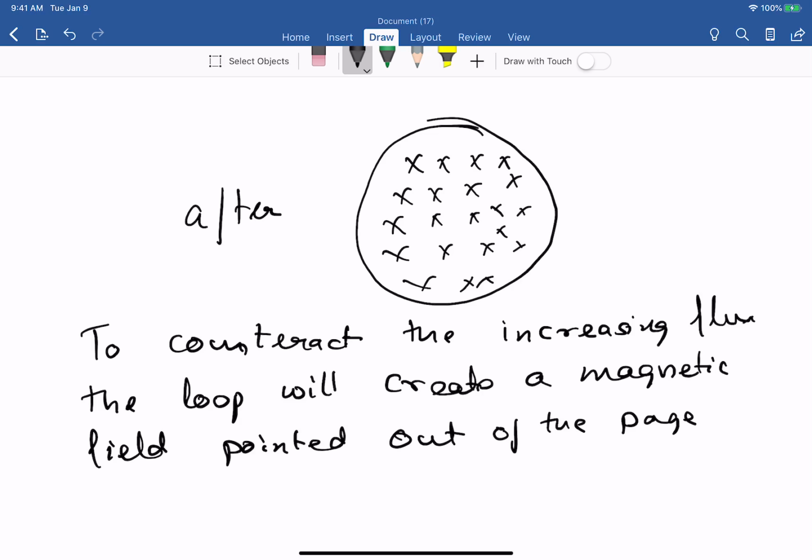So in what direction does it need to drive a current in order to produce that magnetic field? Obviously, in order to drive a magnetic field pointed out of the page, the loop will need to send a current in the counterclockwise direction.